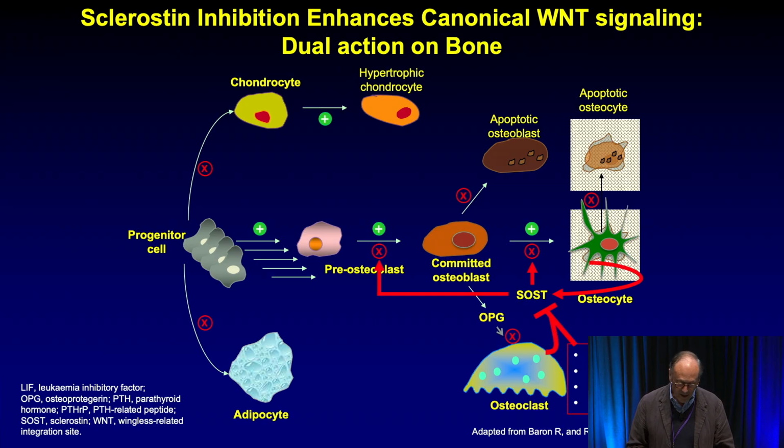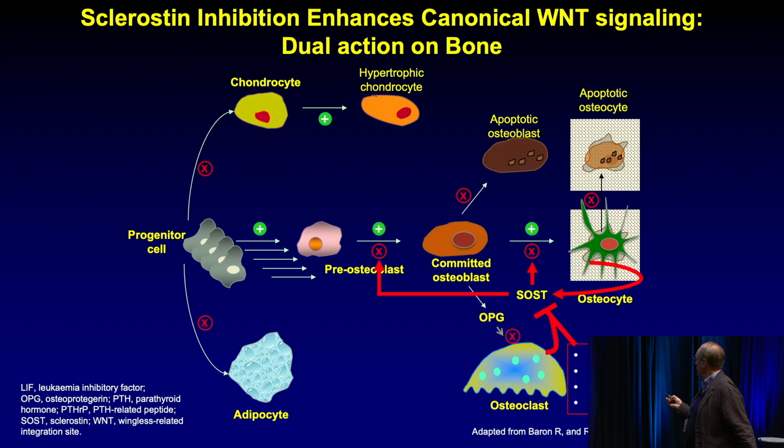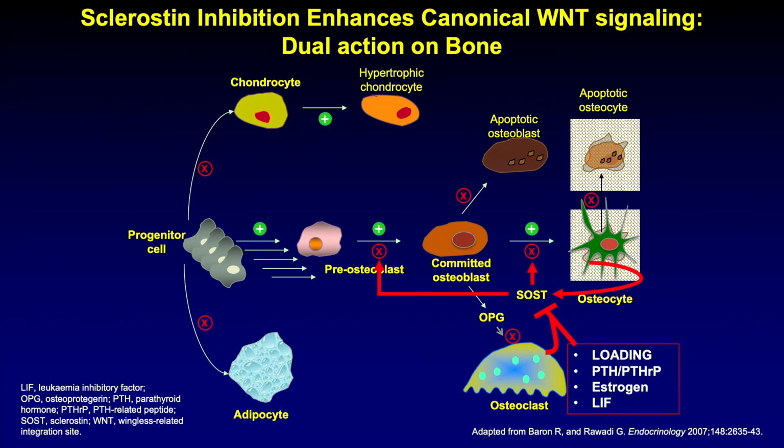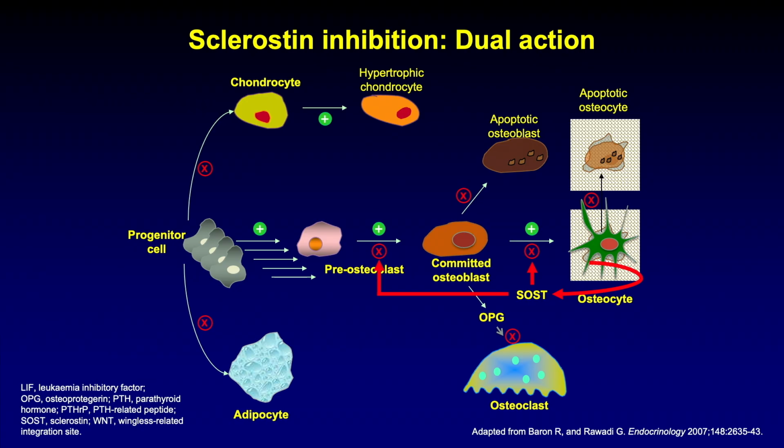And as we said, loading, PTH, and I also mentioned here estrogen, are actually repressing this sclerostin to favor bone formation. So, of course, it was an obvious target for drug development.